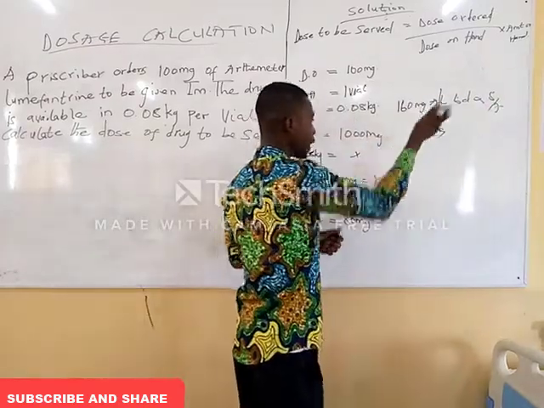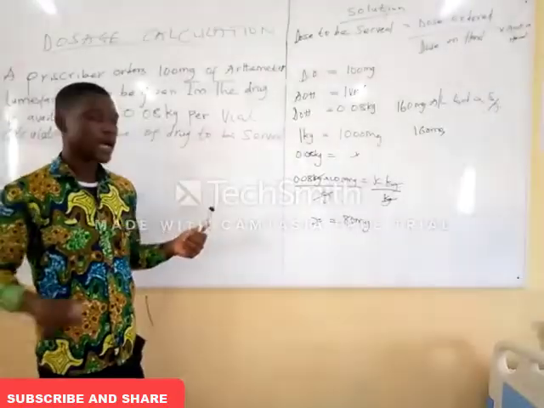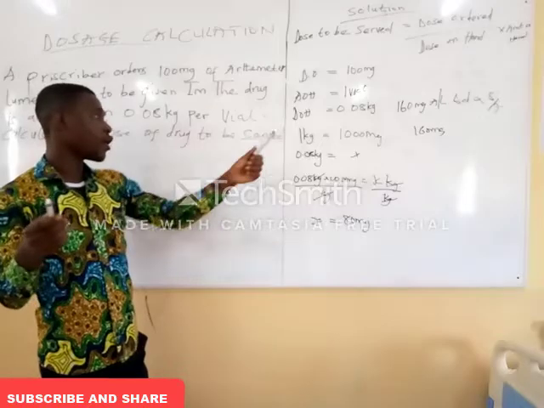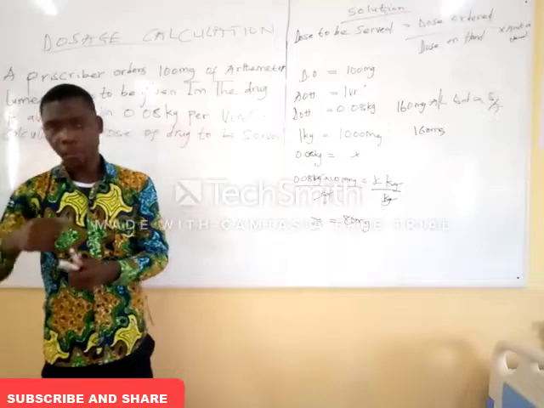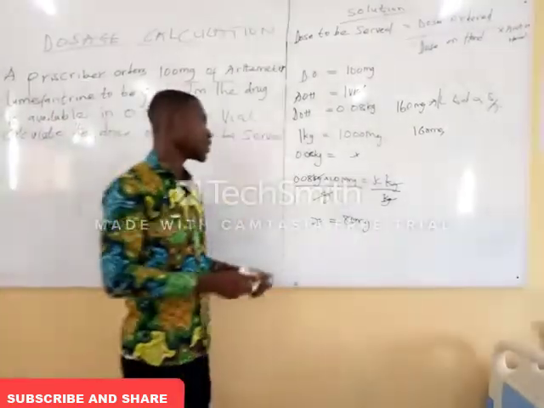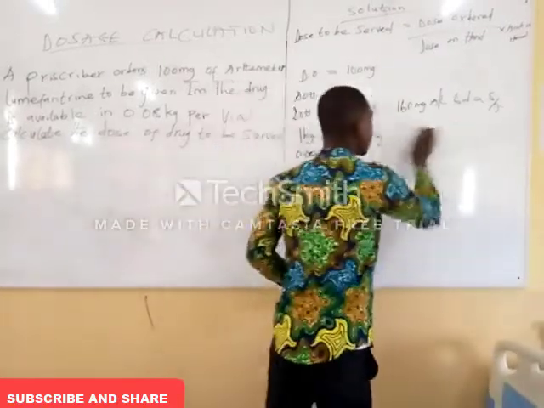So as you are going to administer, you just take 2 vials of the artemether, then you break it, you withdraw the drug, then give to the patient. So each vial of artemether is 80 milligram.